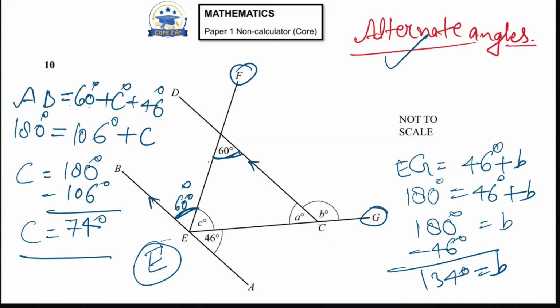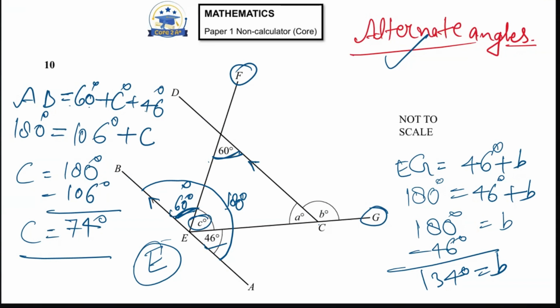Then the line AB makes 180 degrees. If this is 180, we can easily find the value of C by adding 60 plus 46 degrees, and after adding, subtracting from 180. That's how you can find the value of C.